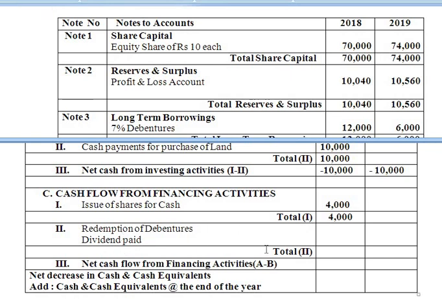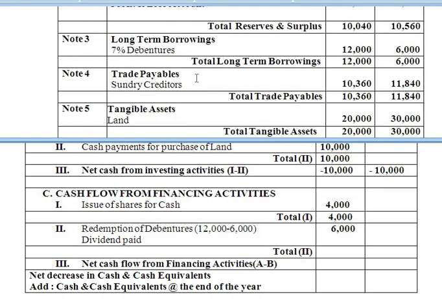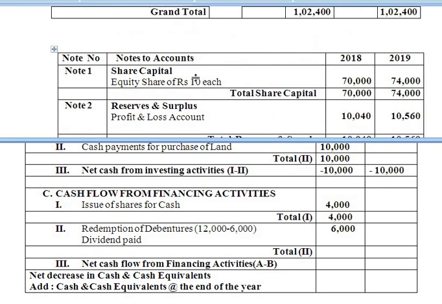How much redemption of debentures? 6,000. 12,000 minus, not necessary, but we can write in brackets, minus 6,000. So we don't have any other information relating to the financing activity.